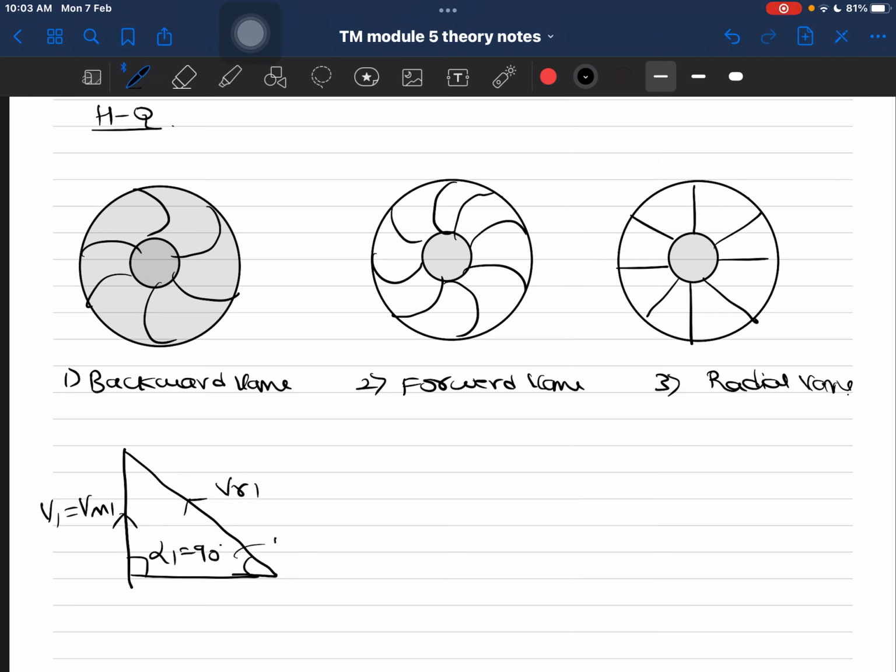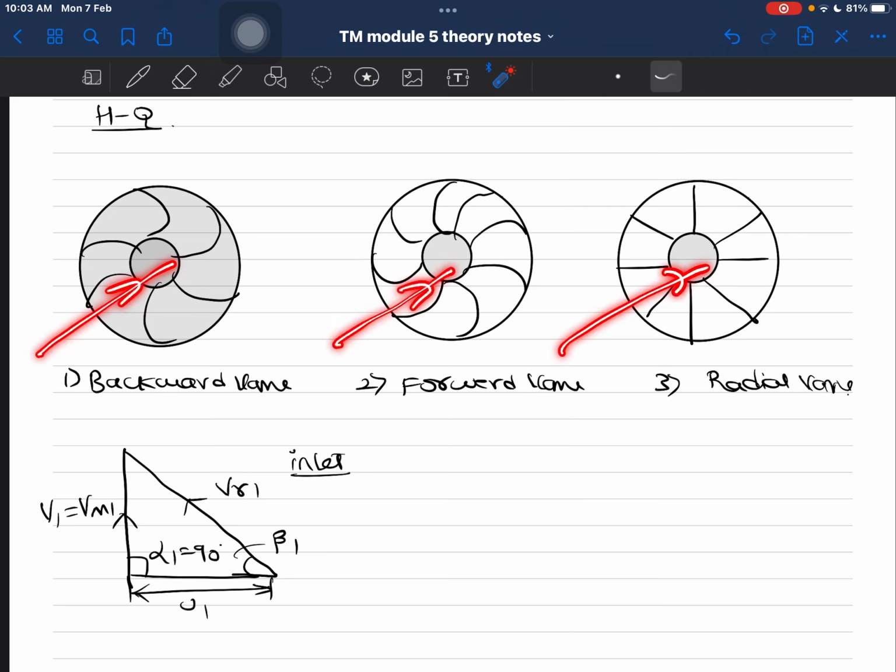This is your beta 1, and this becomes your U1. This inlet velocity triangle is the same for all three types of blades. For all three types of blades, the input is radial, but the output is different depending upon the type of vanes used.